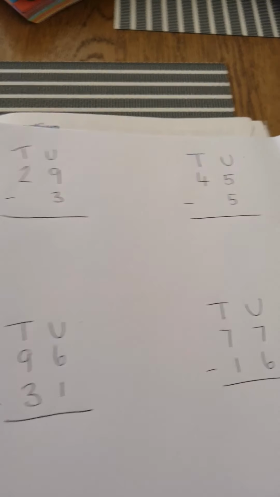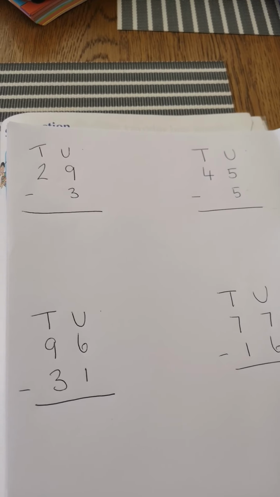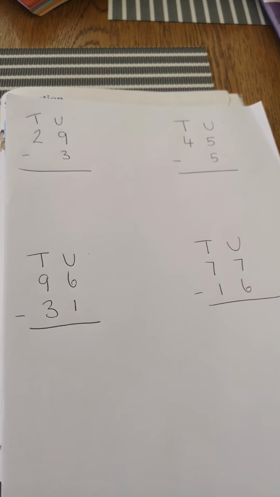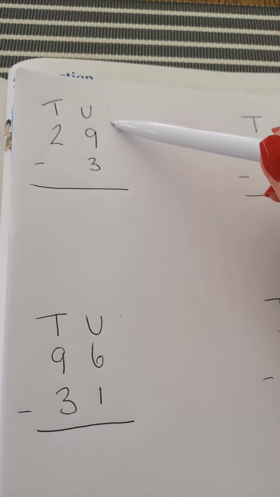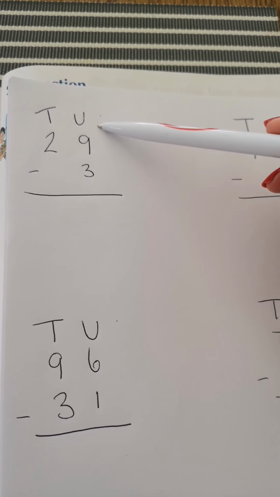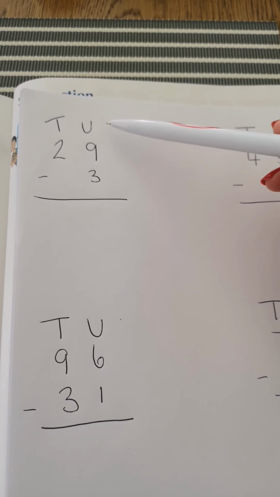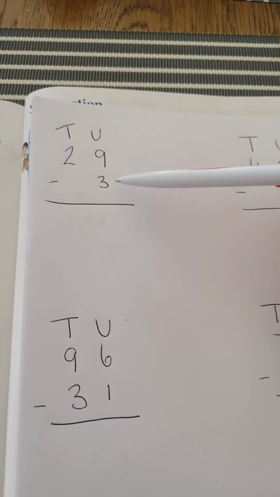So up here I have two examples of sums from page 126, and down here I have two examples of sums from page 127, okay? So if we look at the first one first, the rule when we were adding our tens and units was that we always had to add our units column first, okay?